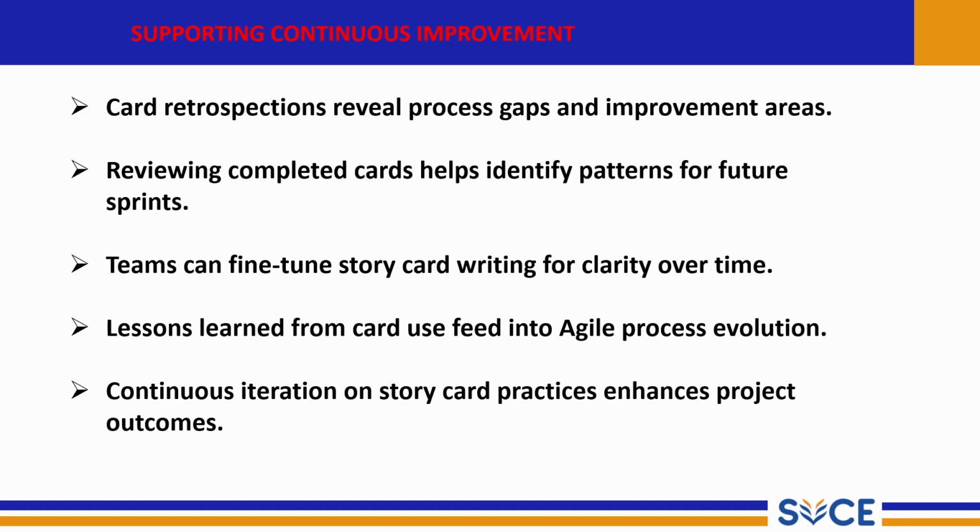Teams learn from past sprints. Teams can fine-tune the story card writing for clarity over time. Lessons learned from card use feed into other process evaluation. Continuous iteration on story card practices enhances the project outcomes.